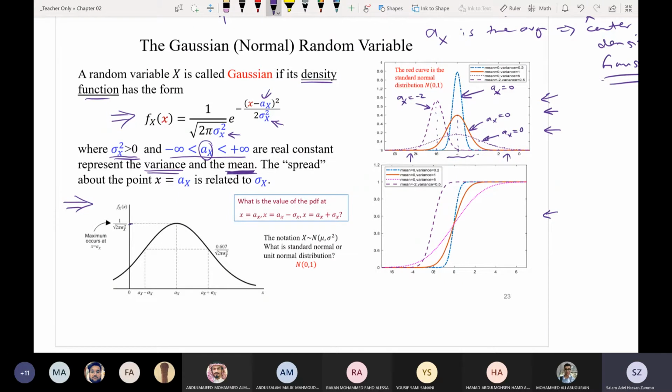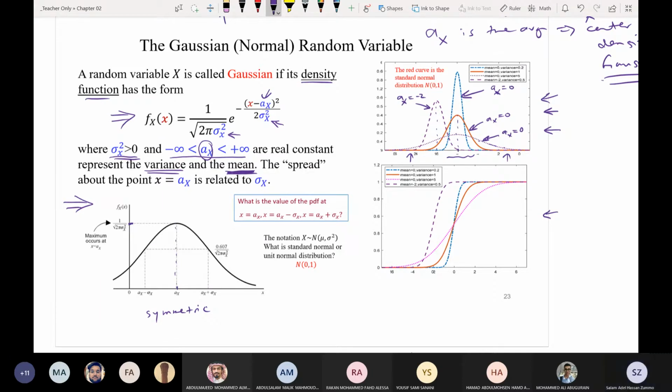You can see that the peak always happens at AX. Okay, this is the first thing. Second thing, it's a symmetric PDF. What does symmetric mean? It means the area under the curve to the right equals the area under the curve to the left of AX.